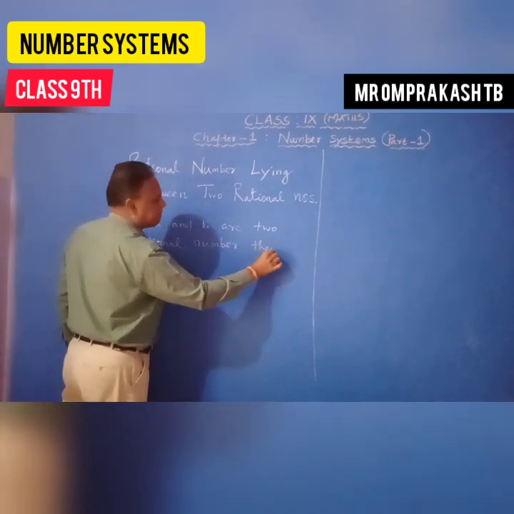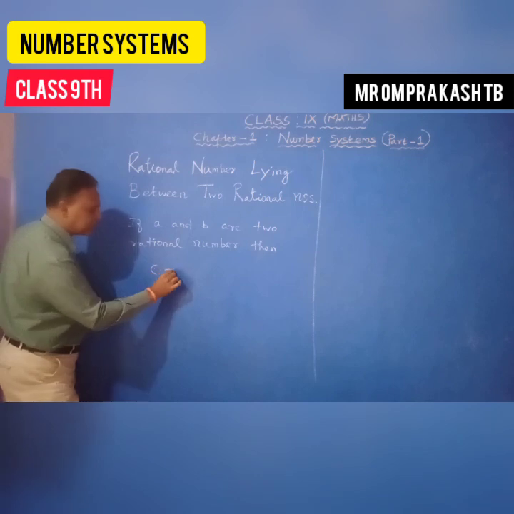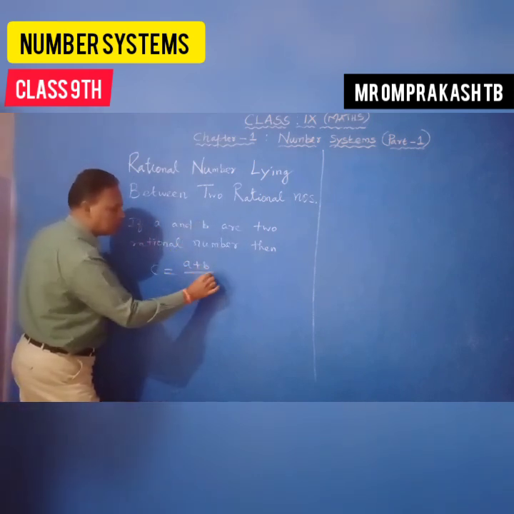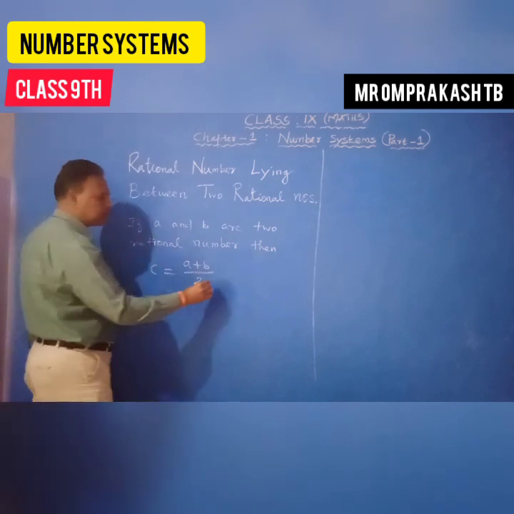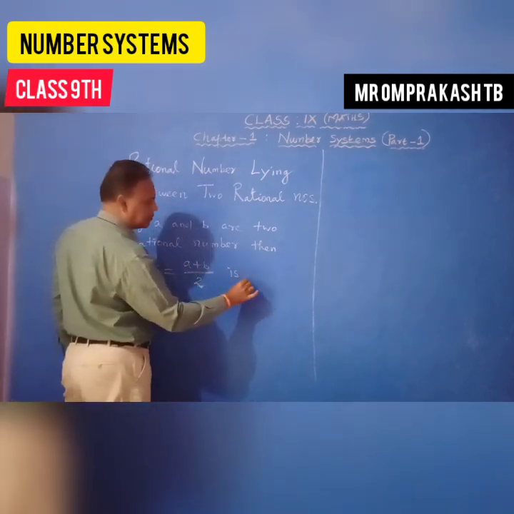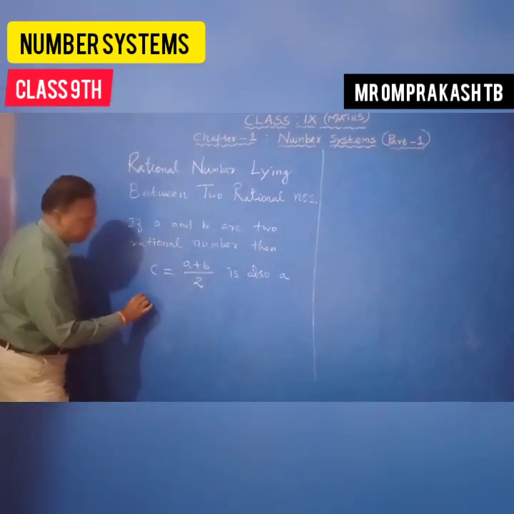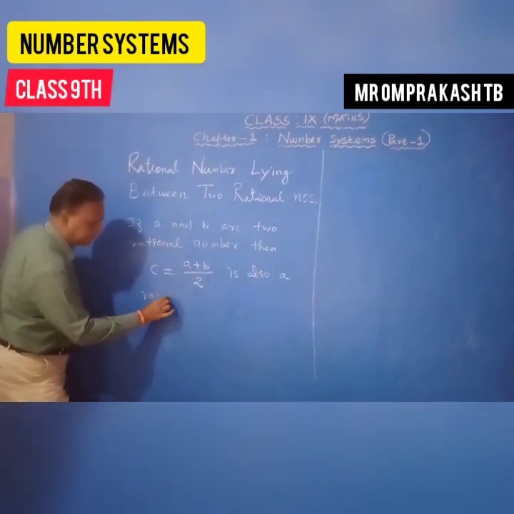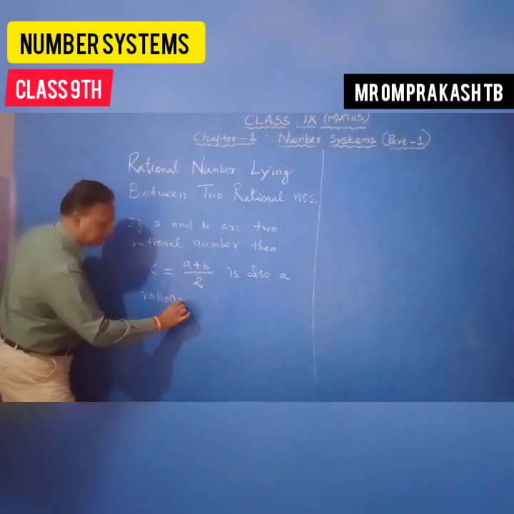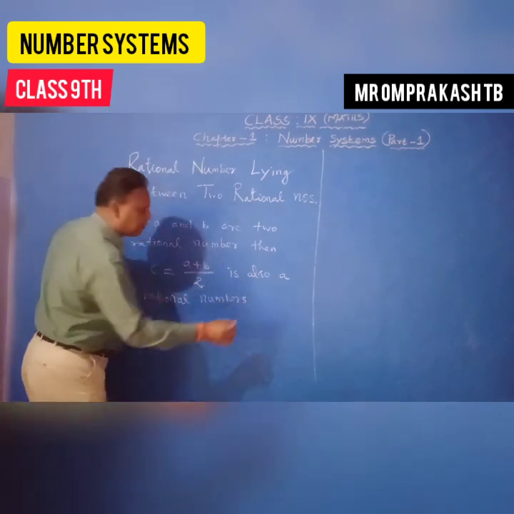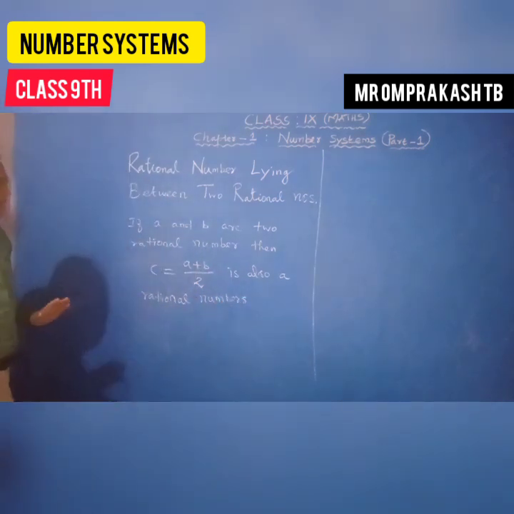Then C is equal to A plus B by 2, and C is also a rational number.